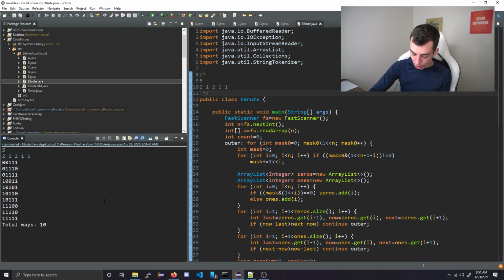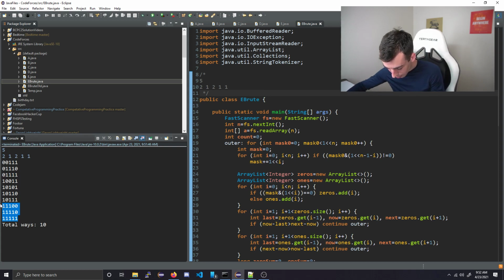So 0, 0, there's one way, so we're set there. Okay, what about the 0, 1s? There should be 2 ways. We get both of those, so those are right. What about the 1, 1s? There are 3. In total, we have 3 as well. All right, so then there should be 4, but we pick 5 of these.